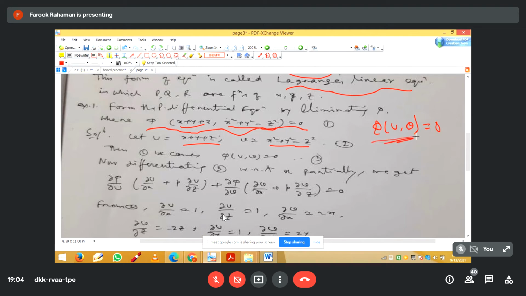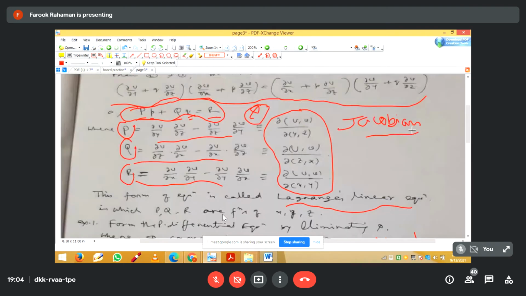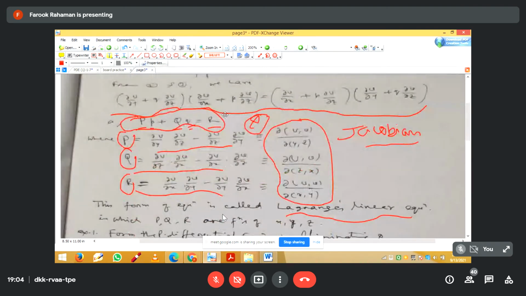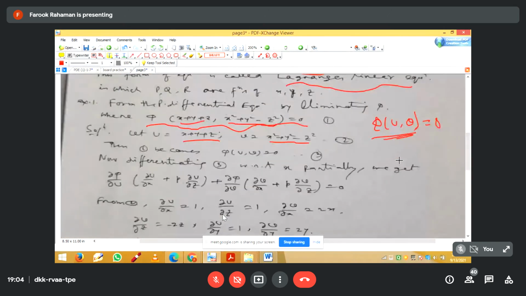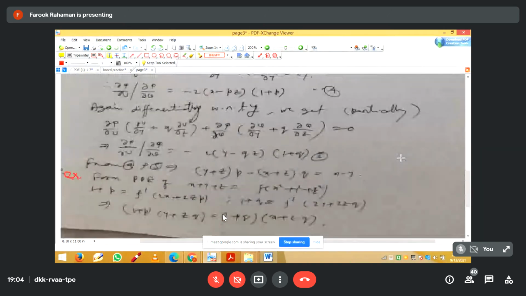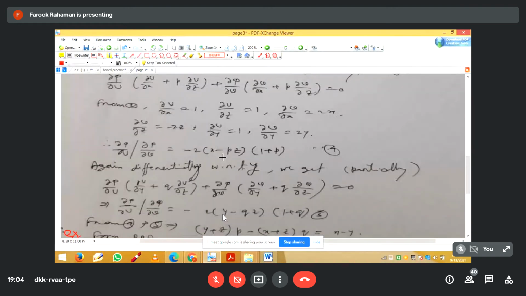So our task is to form the partial differential equation. One can use this formula directly, where capital P, capital Q, capital R are given by this, or you can derive it yourself.